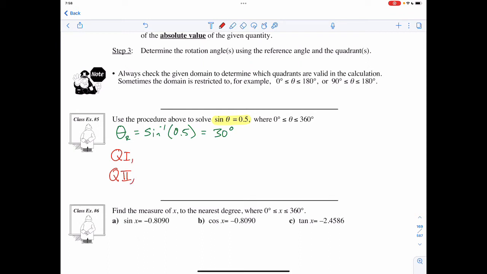In quadrant 1, my angle is going to be the same as my reference angle, or 30 degrees. In quadrant 2, my angle is 180 minus my reference angle, or 150 degrees.